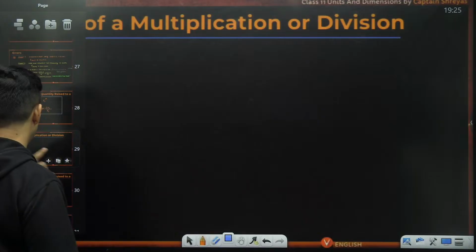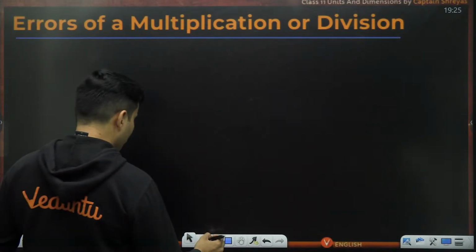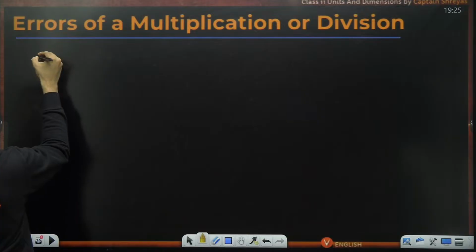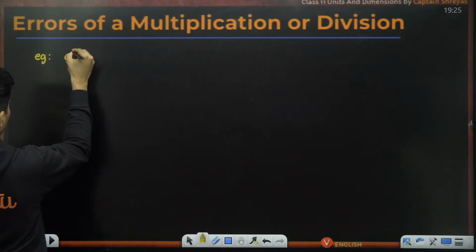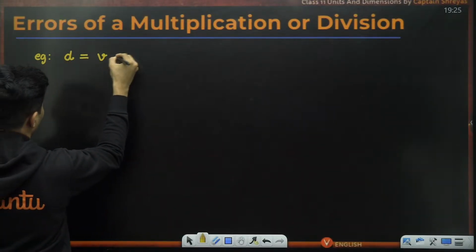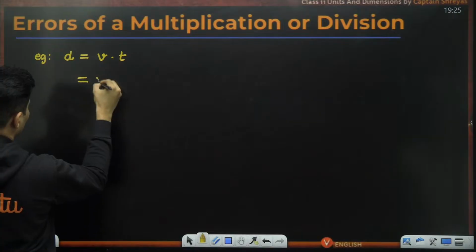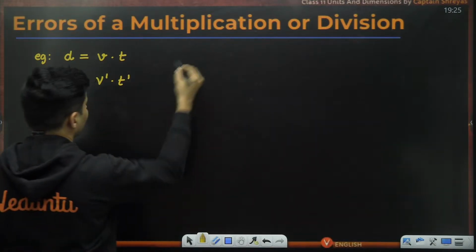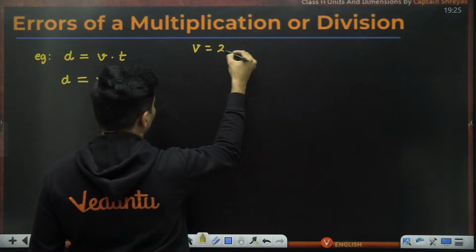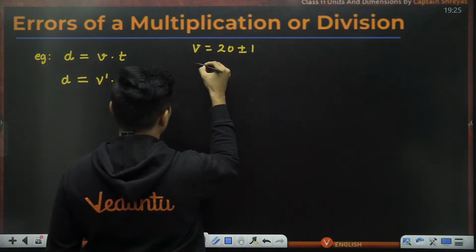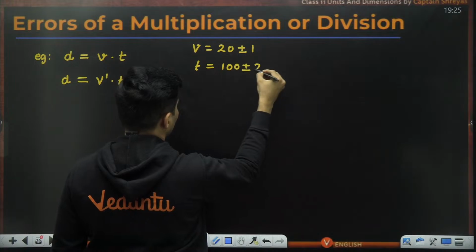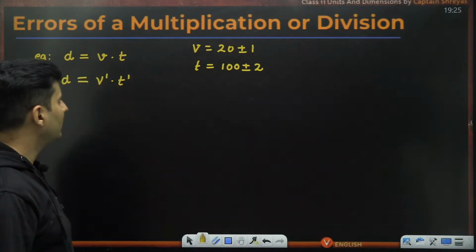For example, say I write down: distance is speed multiplied by time, which is also v raised to 1 into t raised to 1. And I tell you, listen, speed is 20 plus minus 1 and time is 100 plus minus 2. Just some example I have taken.